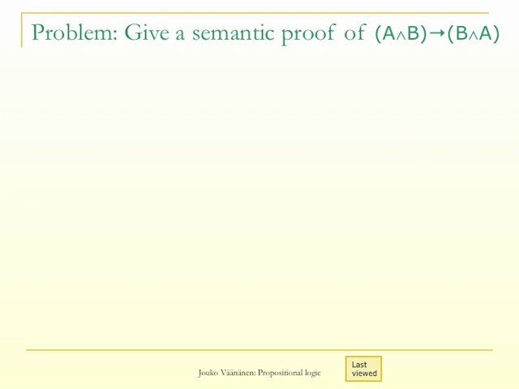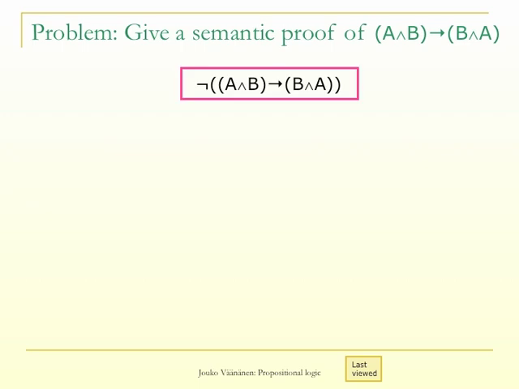We give a semantic proof of (A ∧ B) → (B ∧ A). So this is a kind of symmetry law for conjunction. We start with the negation of the formula to be proved. So in this case it is ¬((A ∧ B) → (B ∧ A)) twice.